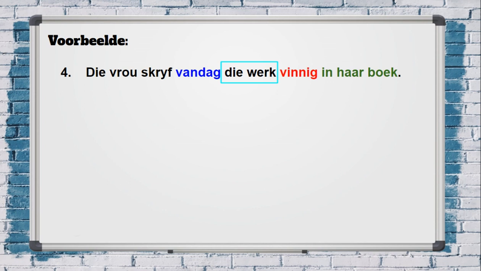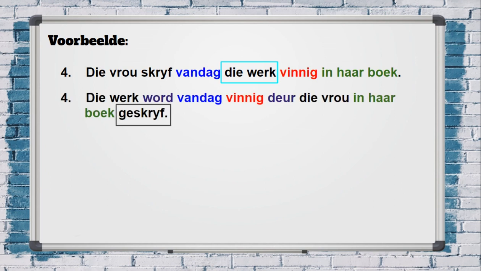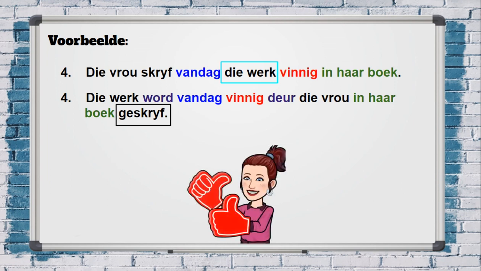Time and manner, remember, it goes in between word and deur. And the place goes in front of your ge verb, and your ge verb must be at the end. So your sentence is going to look as follows. Die werk word vandag vinnig deur die vrou in haar boek geskryf. Easy enough.